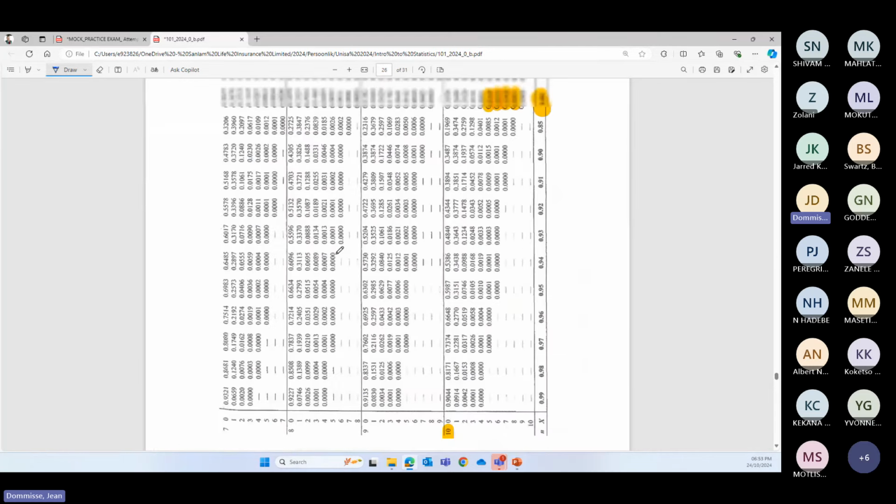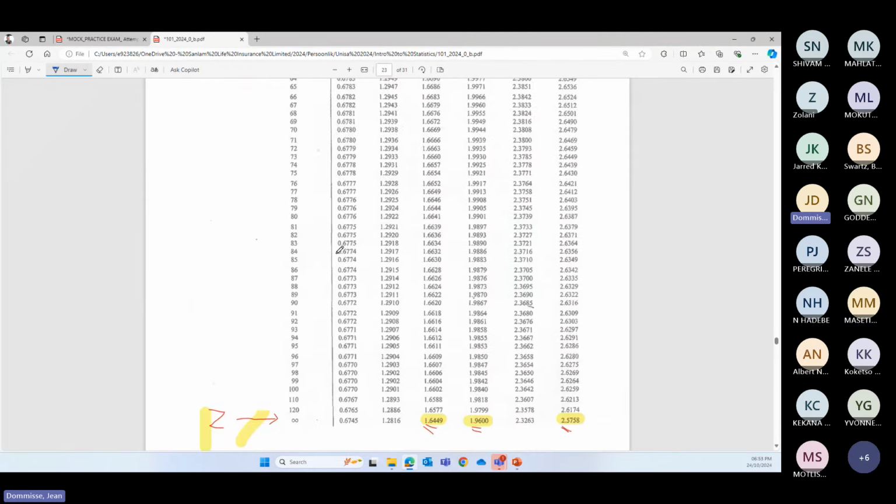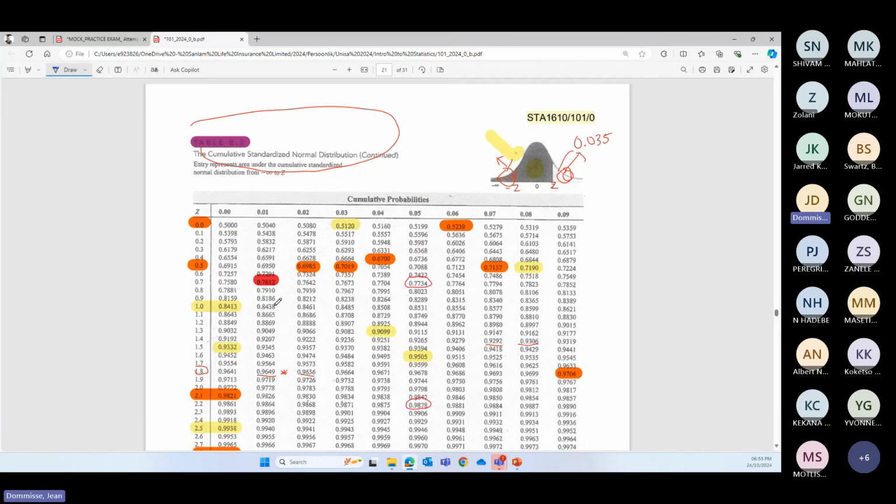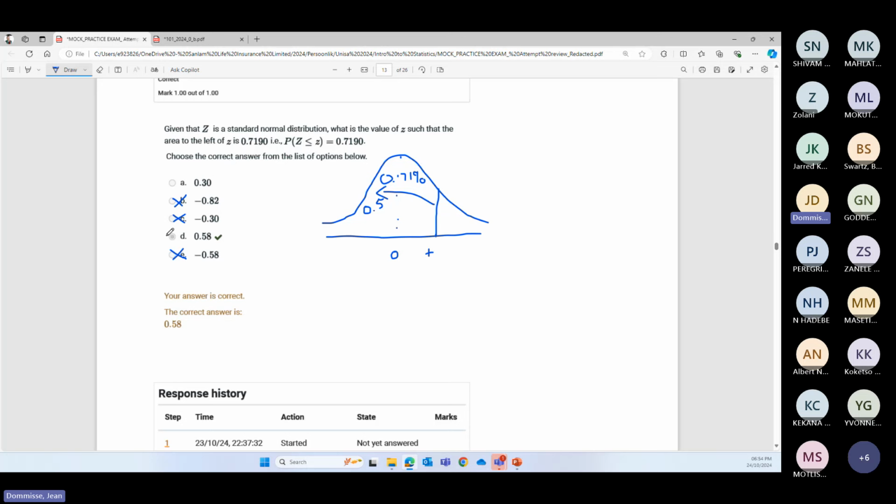So positive table, 0.7190. So in here, 0.71. Oh, we used it for something else at some stage. 0.58. So positive 0.58. So at some stage in one of the examples or preps, we had something very similar. So 0.58 is our answer.